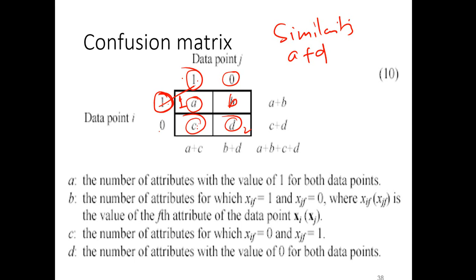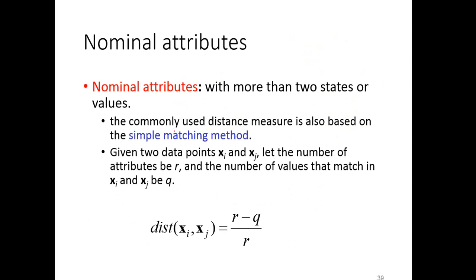That means xi is 0 and xj is 1, or xi is 1 and xj is 0. They're not similar. So that is dissimilarity. So dissimilarity is nothing but the distance. B plus C is the distance. So that's the way you calculate the distance between binary variables.